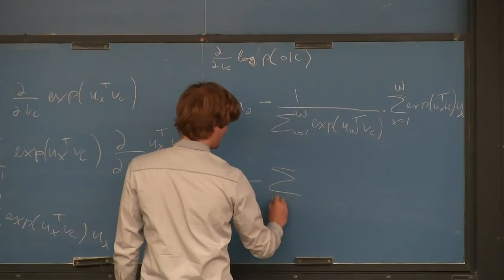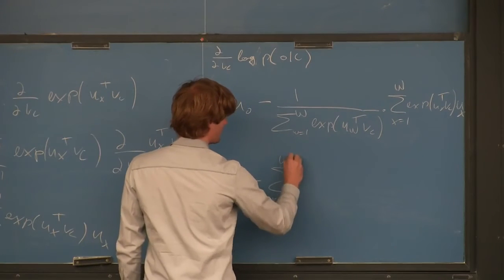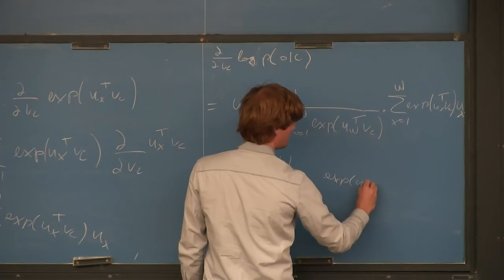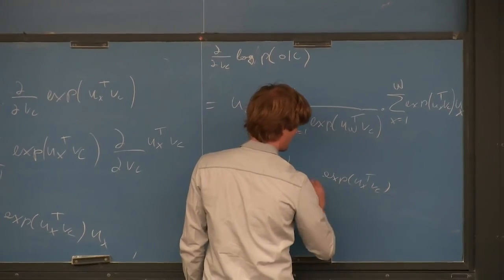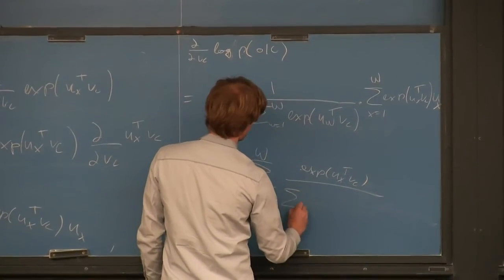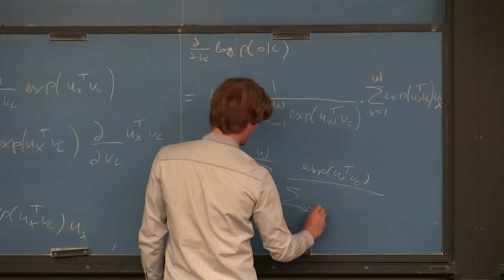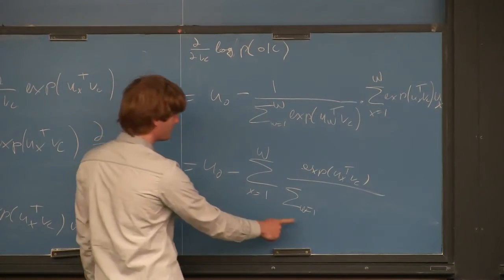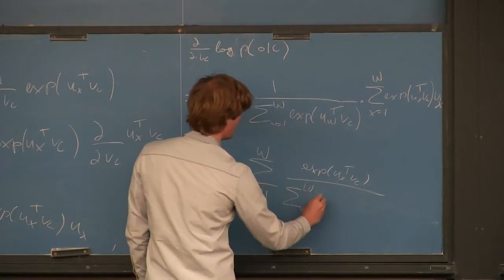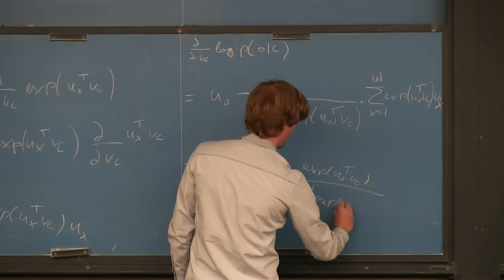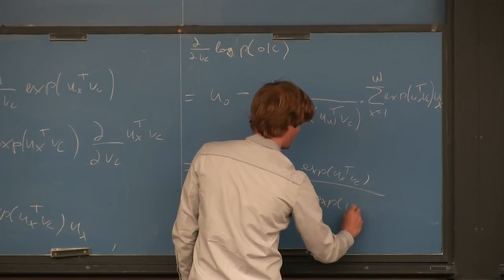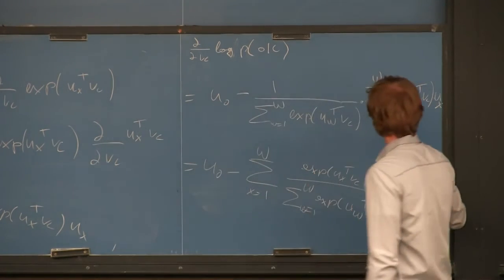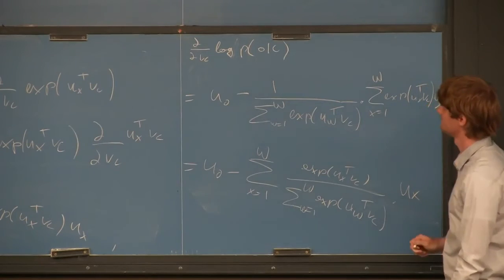So you can write the sum over x equals 1 to W of the exponent of ux transposed vc divided by the sum over w, and again it is very important to have different indices, trivial but important, of the exponent of uw transposed vc, times ux.